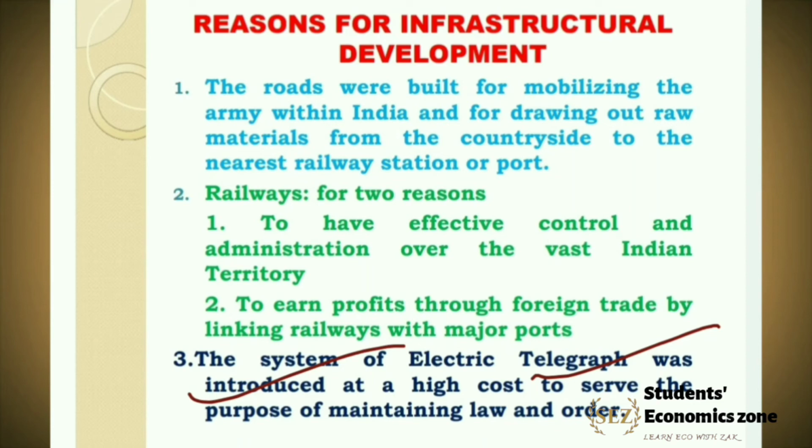So these are the main intentions or objectives or reasons of developing infrastructure in India. The thing is that it is not for developing our nation, it is for developing their own country. So this development of infrastructure indirectly as well as directly developed Britain.